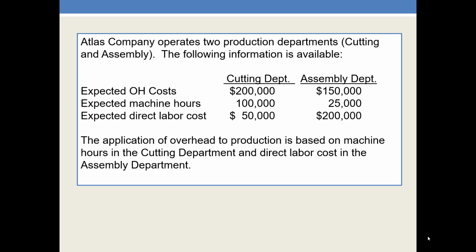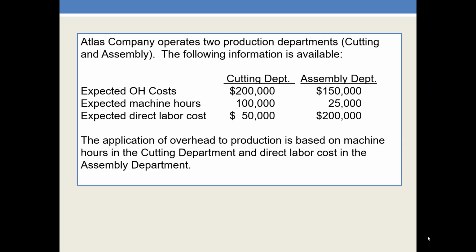They also tell us expected machine hours for the cutting department, 100,000 hours, assembly department, 25,000 hours. The expected labor cost is $50,000 for the cutting department and $200,000 for the assembly department. The application of overhead to production is based on machine hours in the cutting department and labor cost in the assembly department.